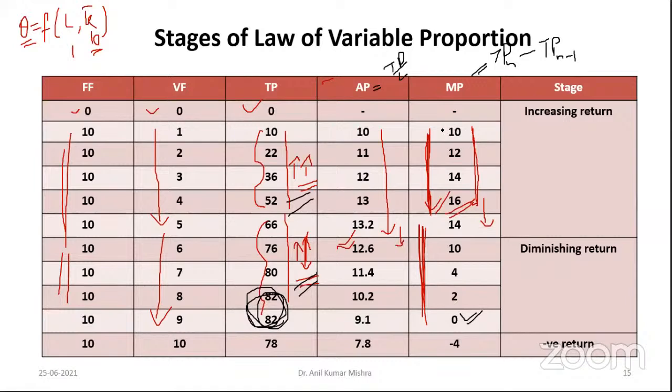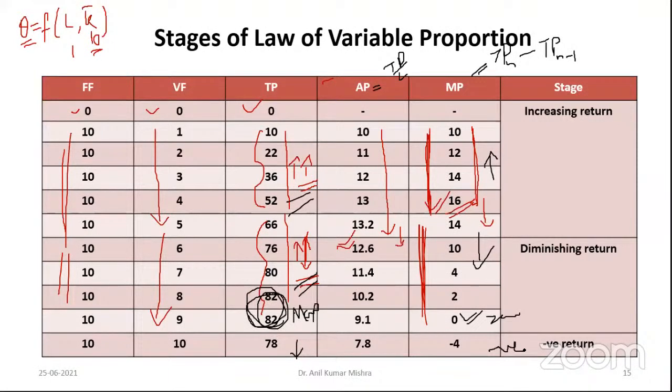And mark it. When total increases at an increasing rate, marginal increases. After the point of inflection, when total starts to increase at a diminishing rate, then the marginal product diminishes. When total reaches its maximum, marginal becomes 0, right? And when total falls, marginal becomes negative.